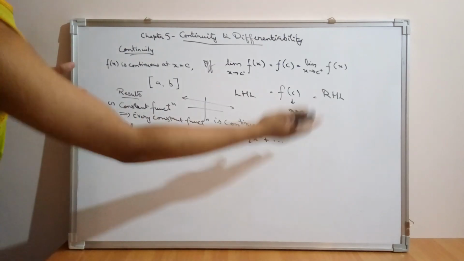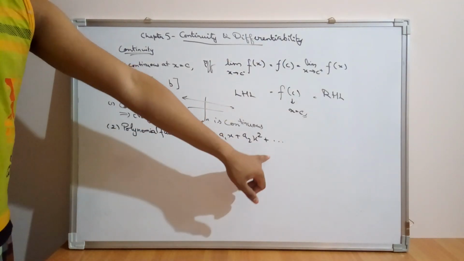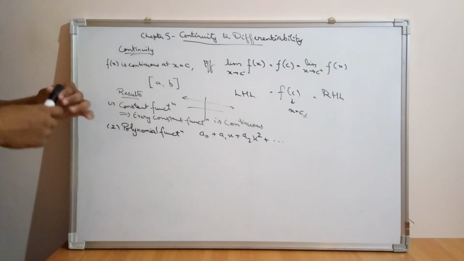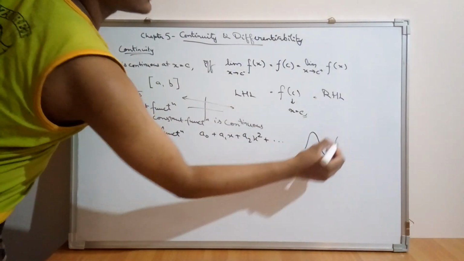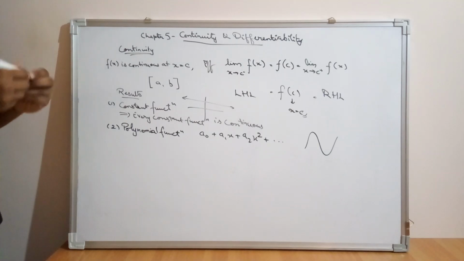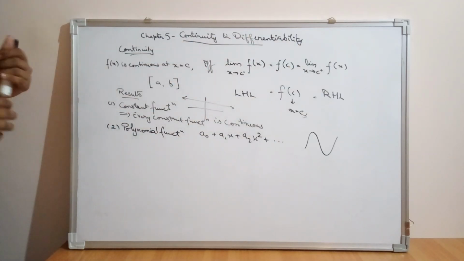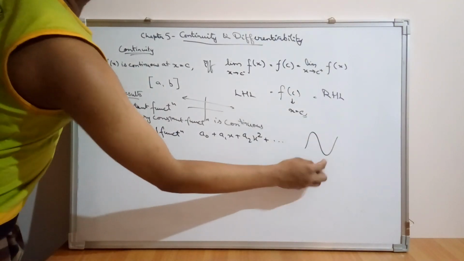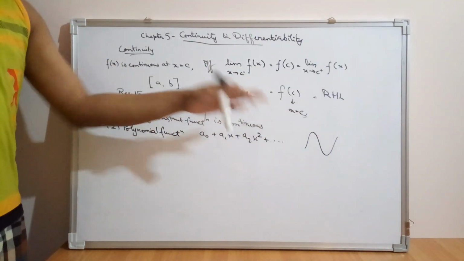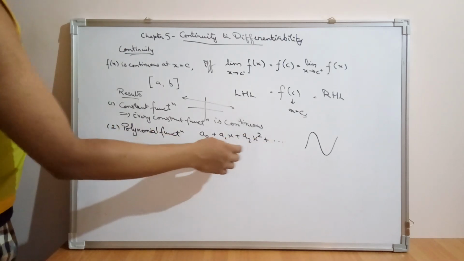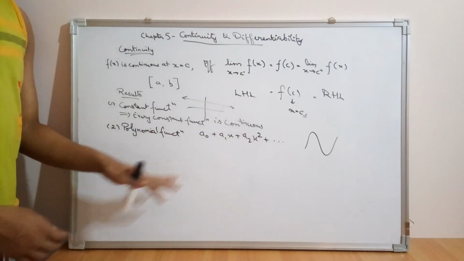Similarly, you are going to get x cube also. x cube you will get somewhat like this. That also you can say is going to be continuous. Similarly, this goes on repeating. The number of turns goes on repeating based on the number of extra terms beyond the linear term.